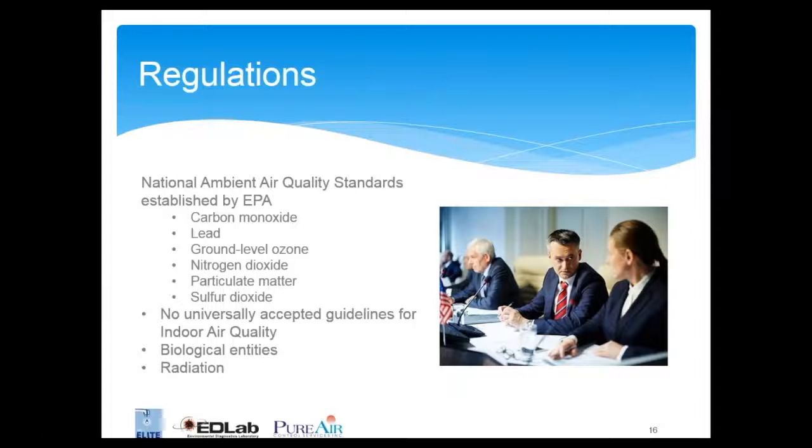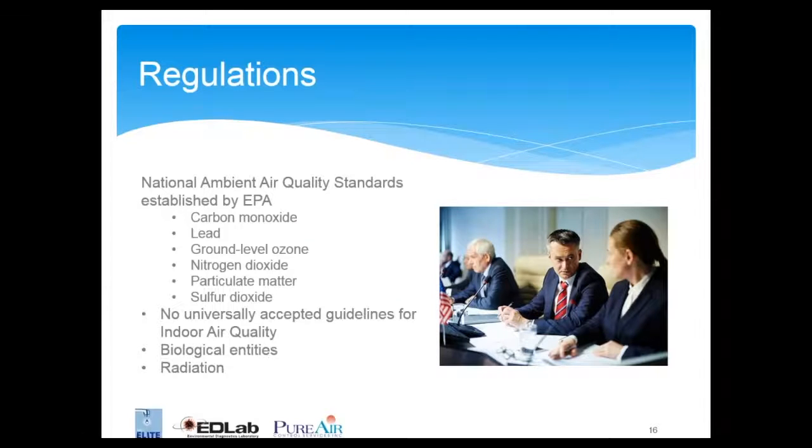So the regulation, this is one of the things which I want to give some input on, because right now there is no universally accepted guideline for the indoor environment or air quality. But I want to let our viewers know that the United States Environmental Protection Agency is continuously working on that.